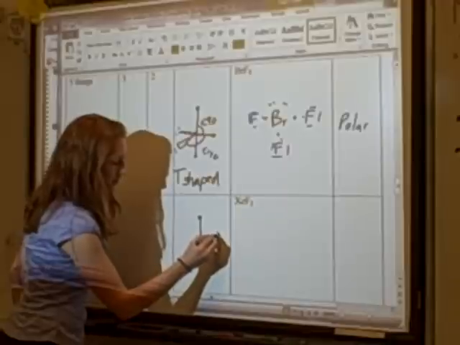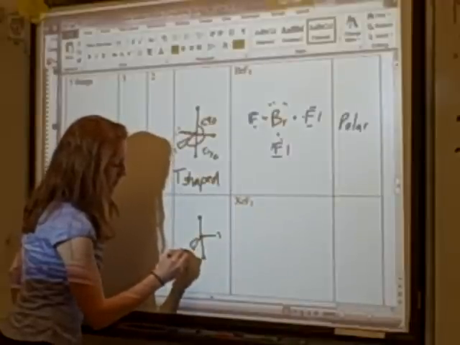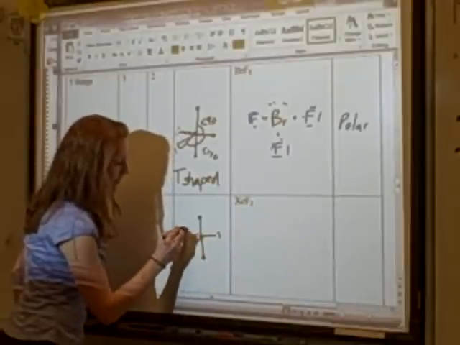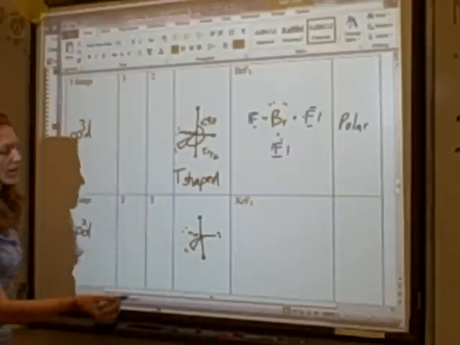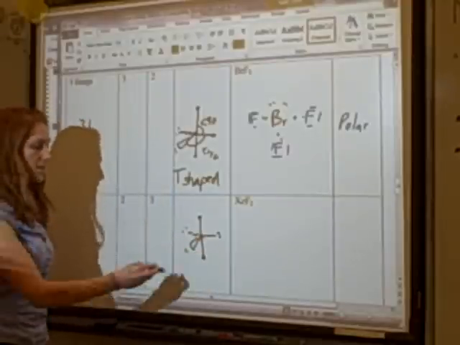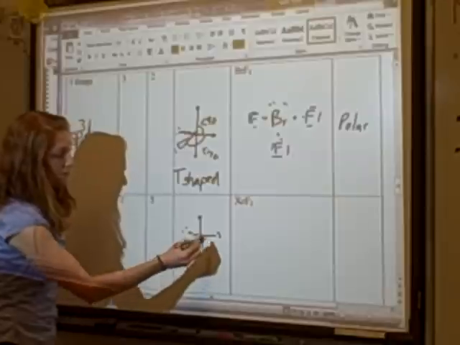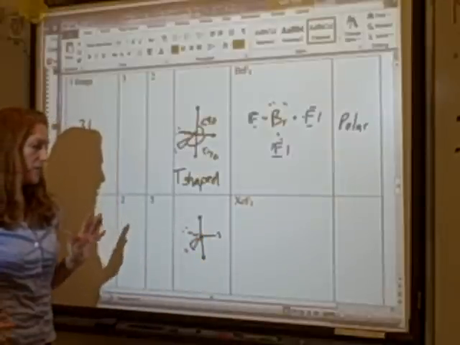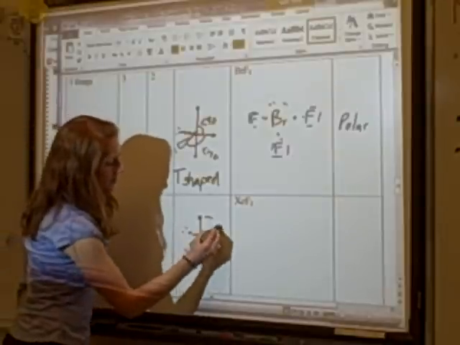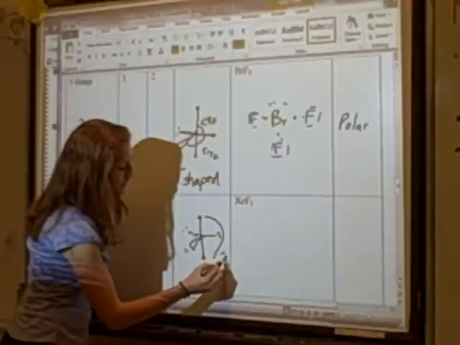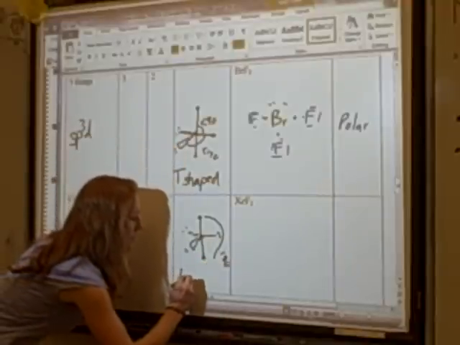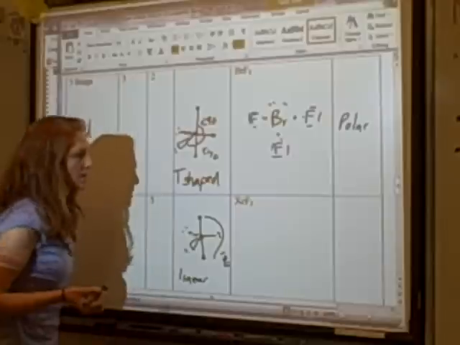So lone pair, lone pair, lone pair. So you can see that is a straight line, and the bond angle is 180 degrees. Those lone pairs are going to repel each other equally now. So this is just 180, and we can call that linear because it is.